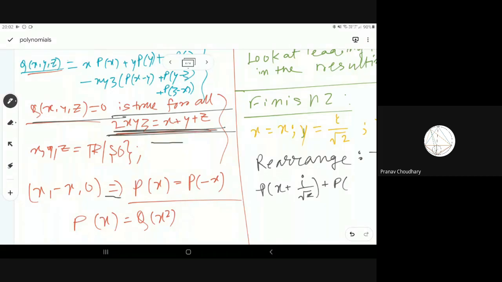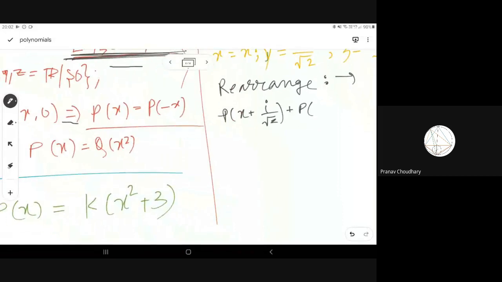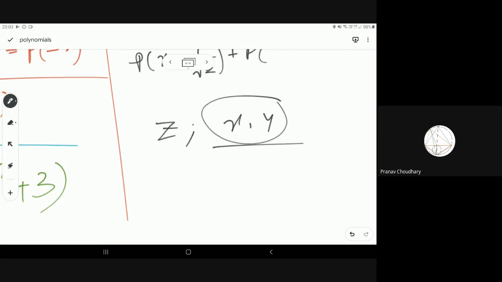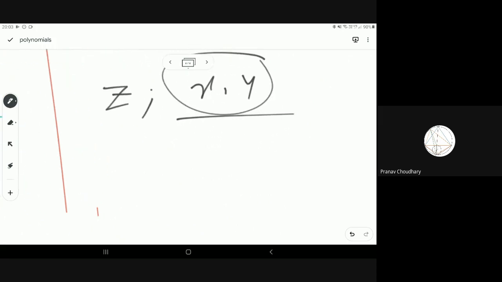So basically you can extend it to complex numbers satisfying this. If this seems hard to you, think of it as two variables. You can uniquely determine z given x comma y. Do you agree? Given x and y, you can just set 2xyz equals x plus y plus z and figure out what z is.